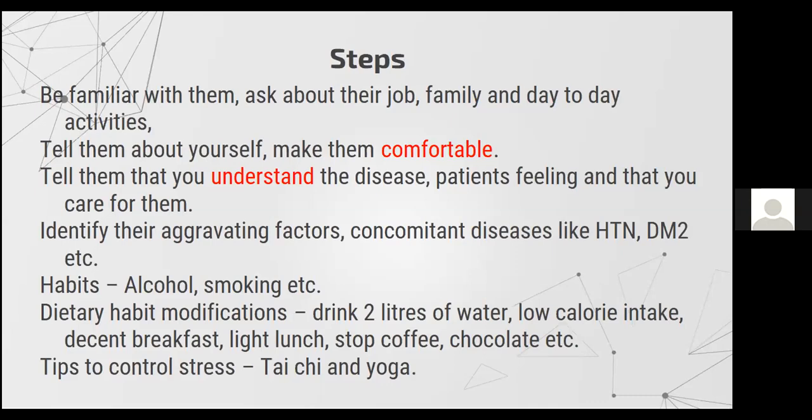And in some cases, we can also ask the patient to change their dietary habits, like drink 2 liters of water, take low calories, have a good breakfast, light lunch, etc. And we have to also tell them to control their stress, their anger, their anxiety. So in that case, Tai Chi and yoga are very beneficial. I will share the PDFs of Tai Chi and yoga also.